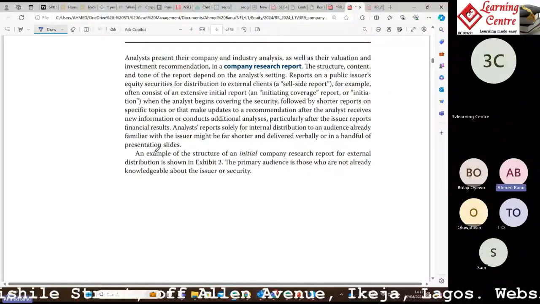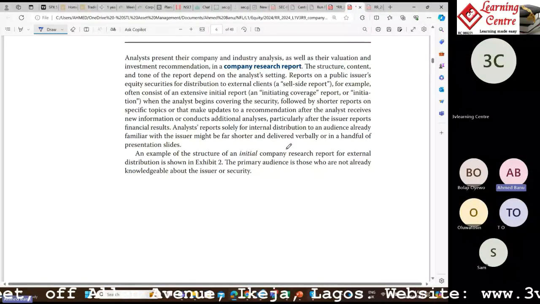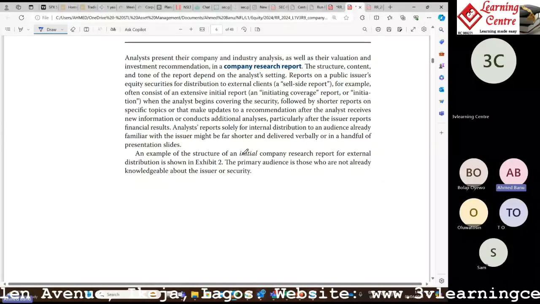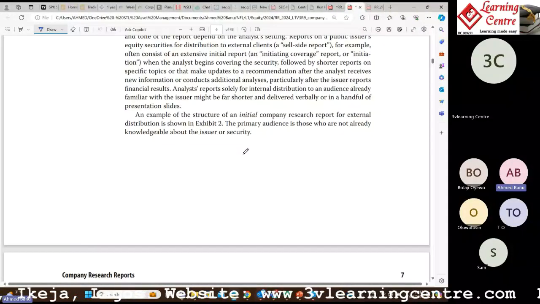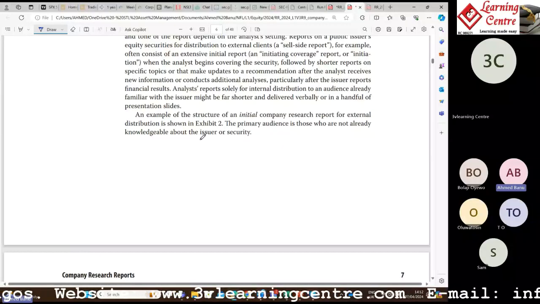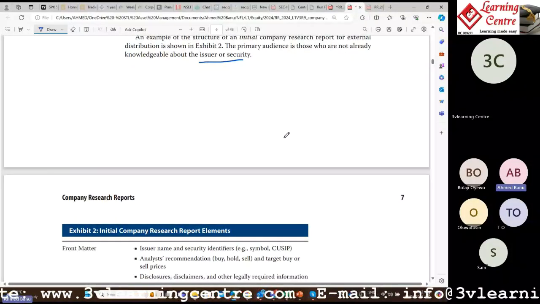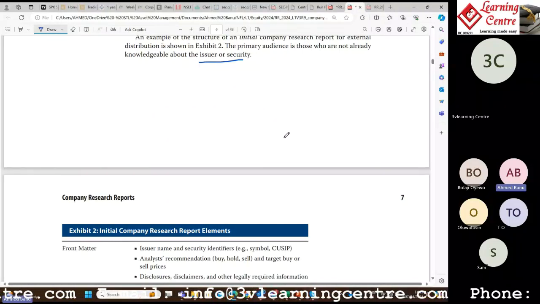An example of the structure of an initial company research report for external distribution is provided in Exhibit 2. The primary audience is those who are not already knowledgeable about the issuer and the security, meaning the company is coming to the market for the first time, maybe doing an IPO. So the expectation is that people don't really know about this company.